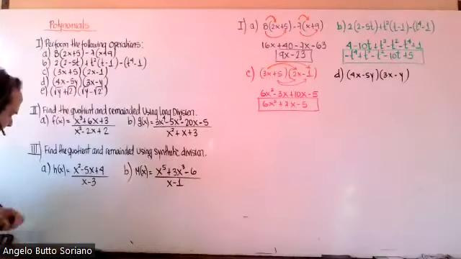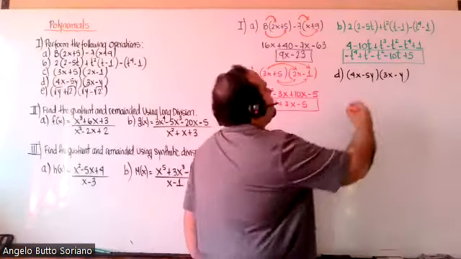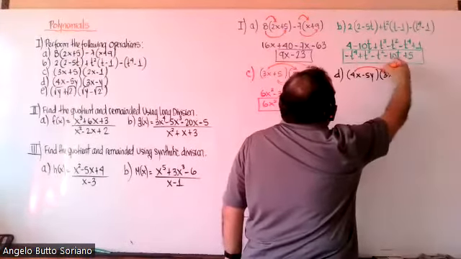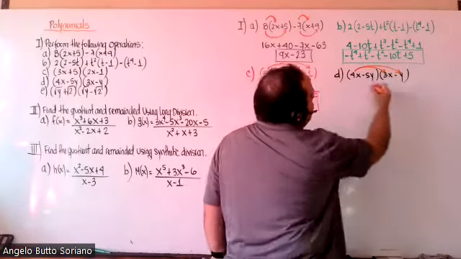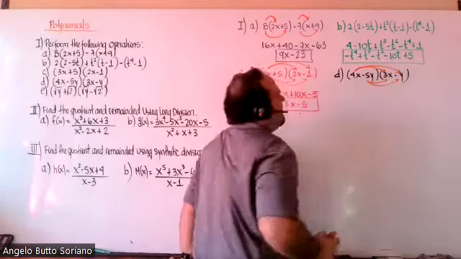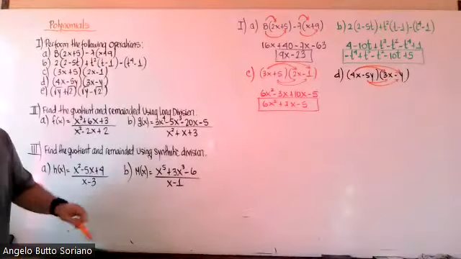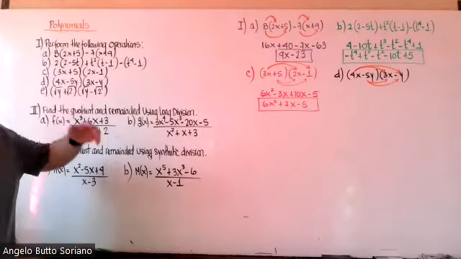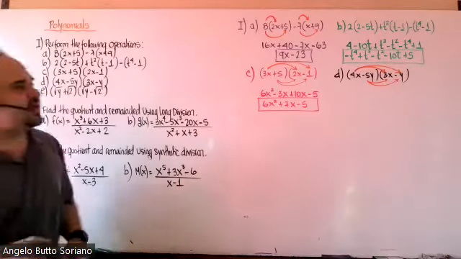Again, we must follow the arrows, the top arrows: 4x times 3x, and also 4x times negative y, and the bottom arrows: negative 5y times 3x, and negative 5y times negative y. Just follow that order and you won't have any problems, okay?